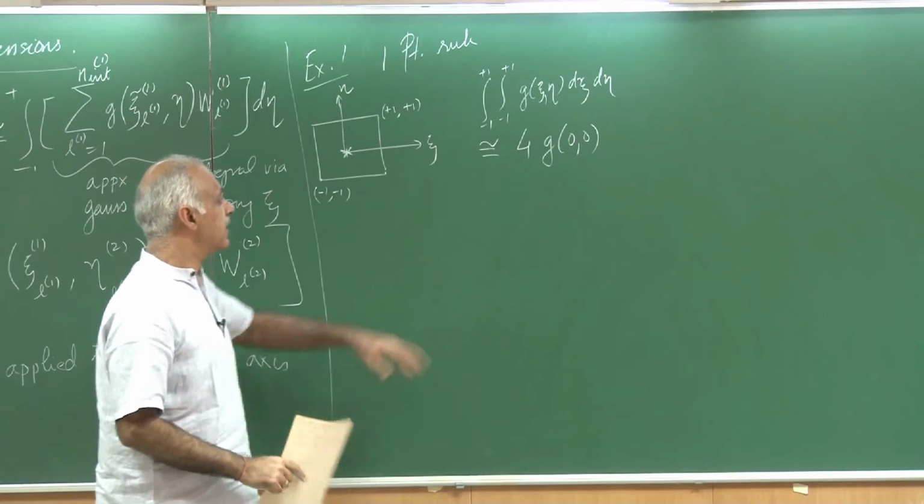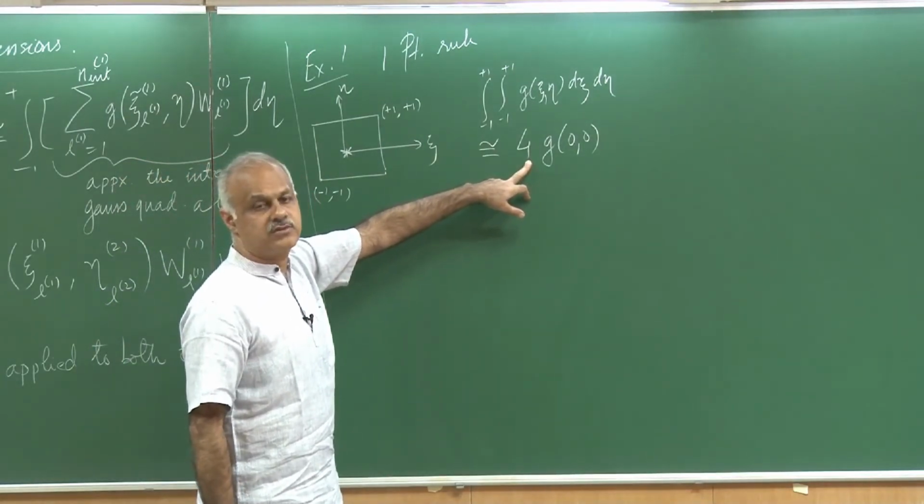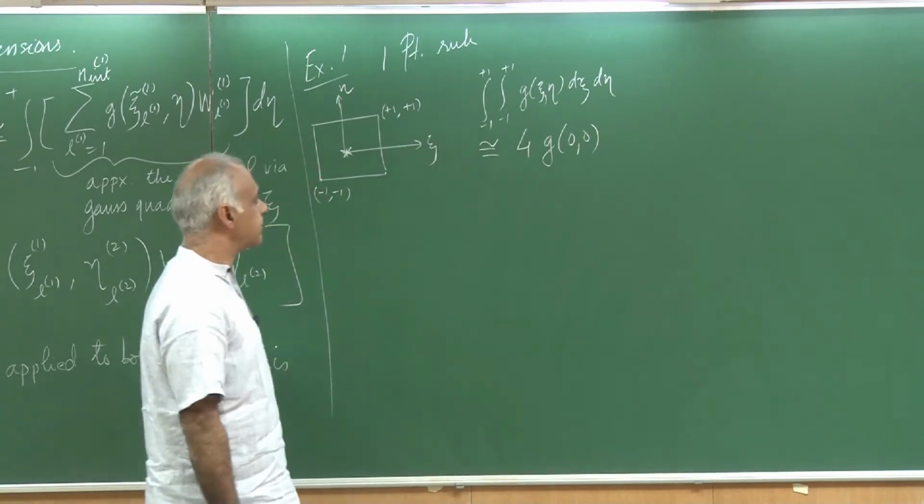Okay, so I multiply the weights, and if you recall, the weight in each direction was 2. So the product of that gives me this 4.